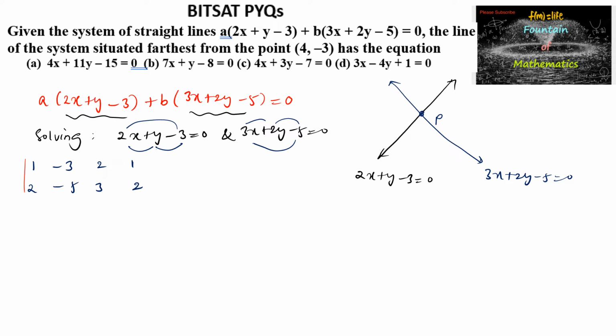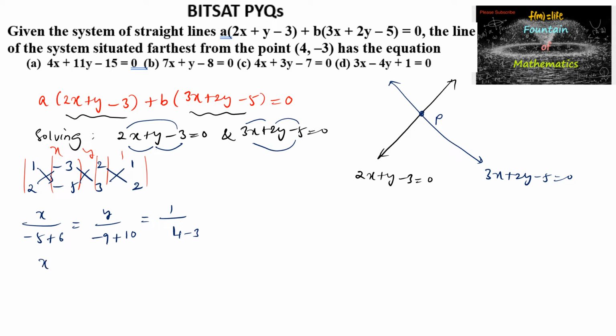So the first two columns are for x, the second two columns for y, and the last two columns are for 1. So let's write x upon the determinant 1 into minus 5 minus 2 into minus 3, that is plus 6. So minus 5 plus 6. Similarly y upon minus 3 into 3 minus 9 minus of minus 5 into 2, that is 10, which is equal to 1 upon 2 into 2, 4 minus 3, that is 1.